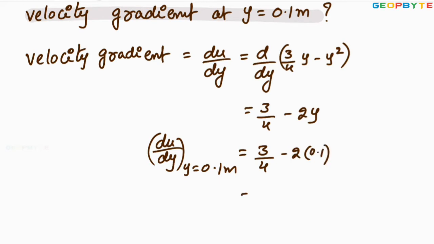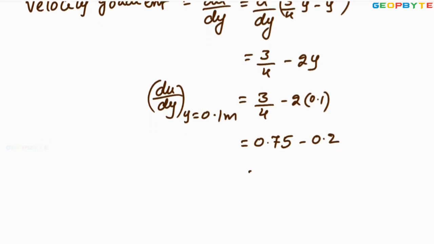Simplify this value. Here 3/4, as we know, is 0.75 minus 0.2, 2 into 0.1 is 0.2. It is equal to 0.75 minus 0.2, 0.55.